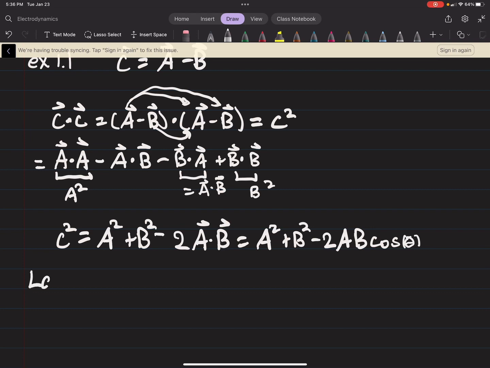And this here is known as the law of cosines. So using what we know about vectors, we're able to show that.